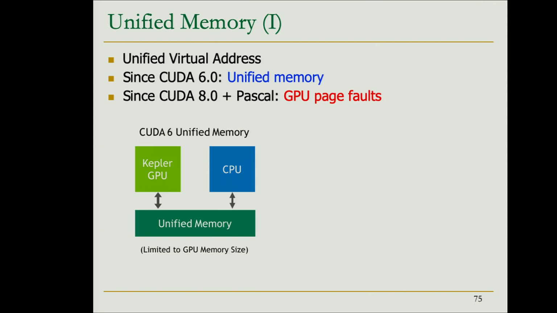So, to deal with these kinds of cases, we have unified memory. I'm going to use the CUDA term, unified memory. In OpenCL, this also exists, and it's called shared virtual memory, but it is exactly the same thing.